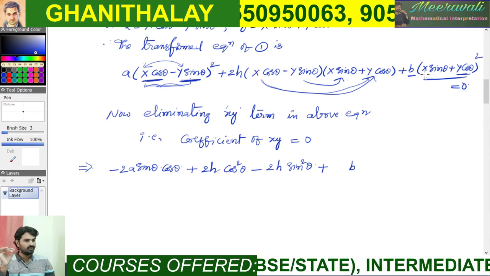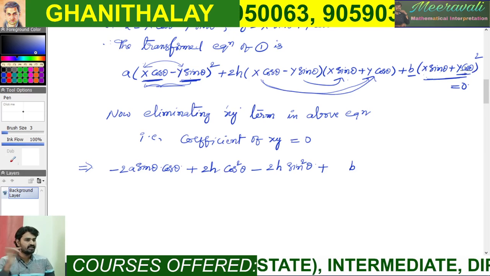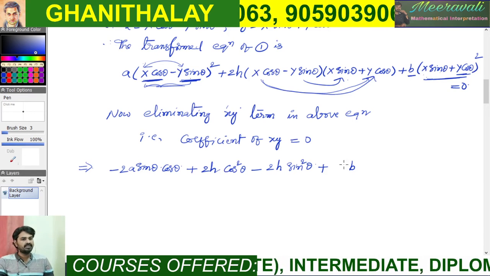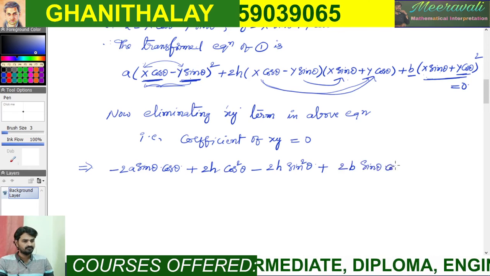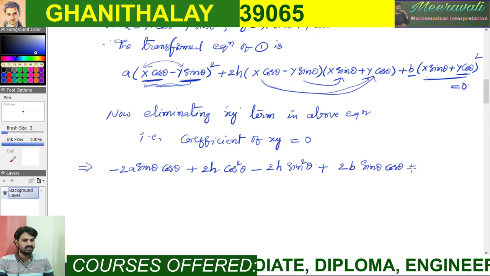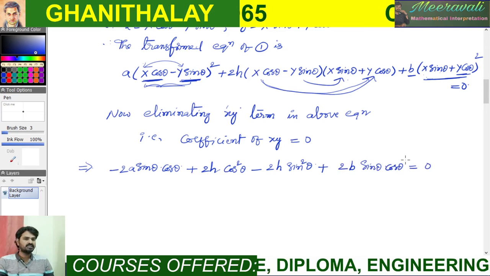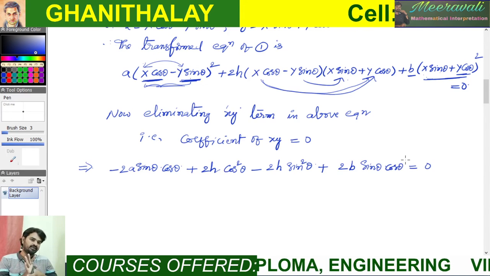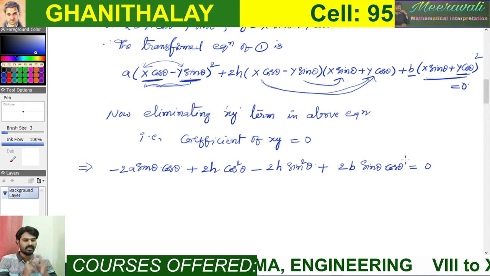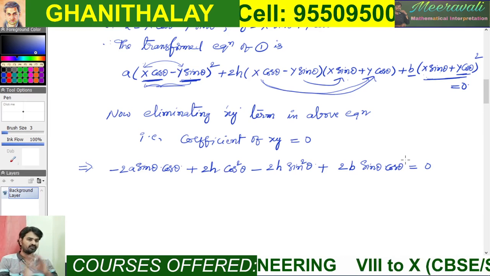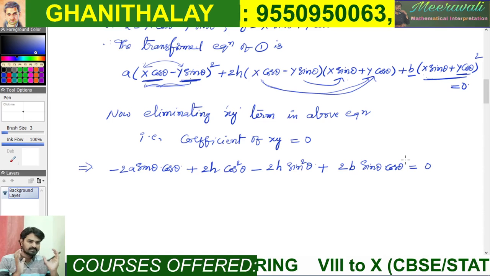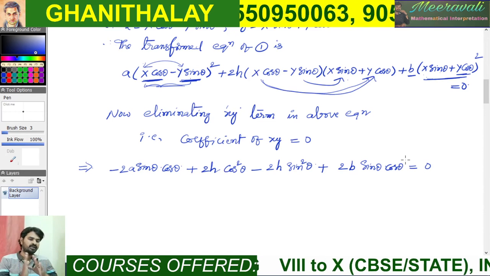Next, plus 2ab means 2 into xy sin theta cos theta, that is 2b sin theta cos theta, equal to 0. This is the total x into y term. You can write this step directly, otherwise you can expand the above equation carefully and then check what the x into y terms are.